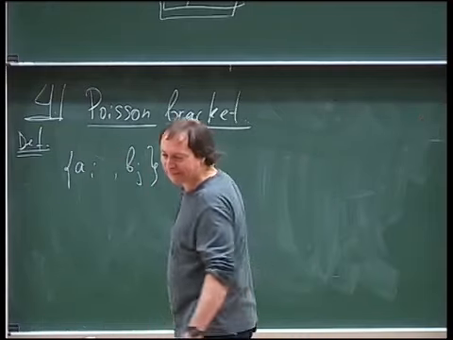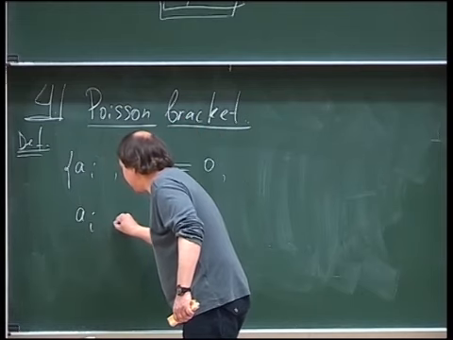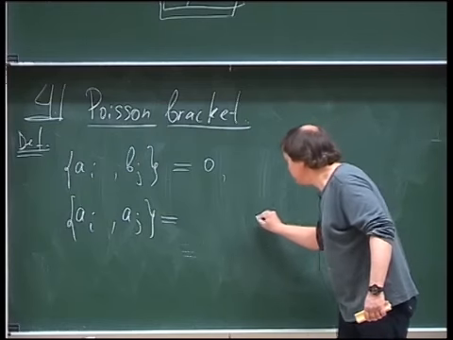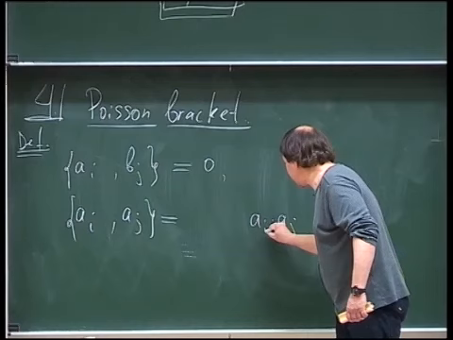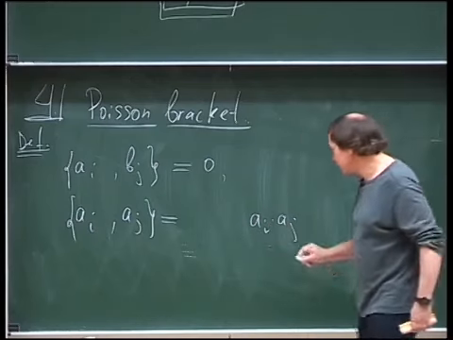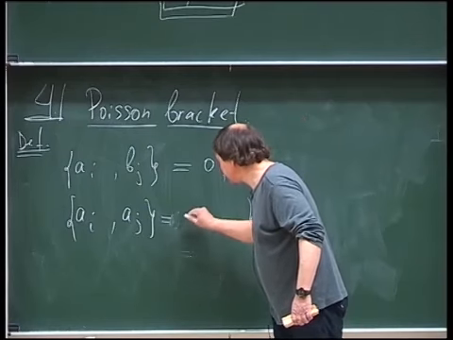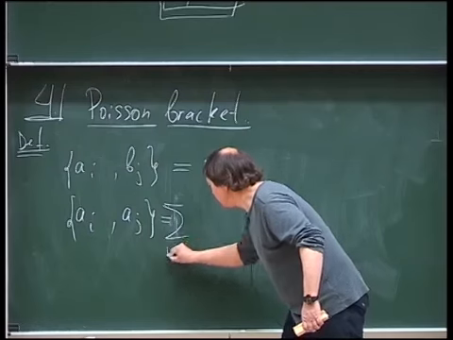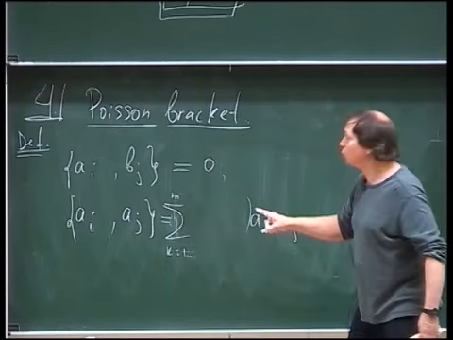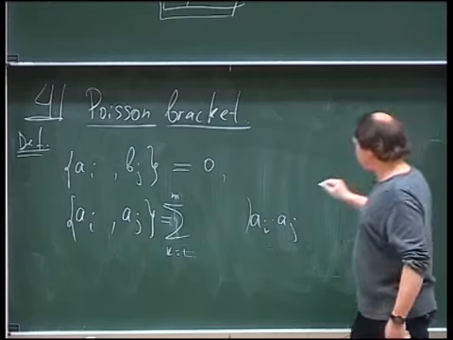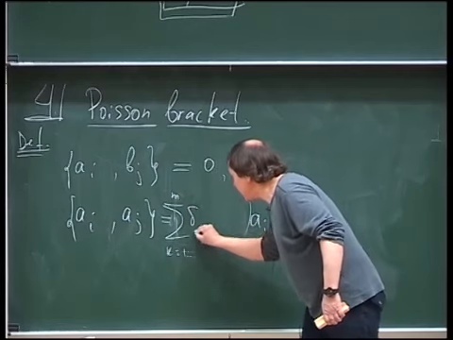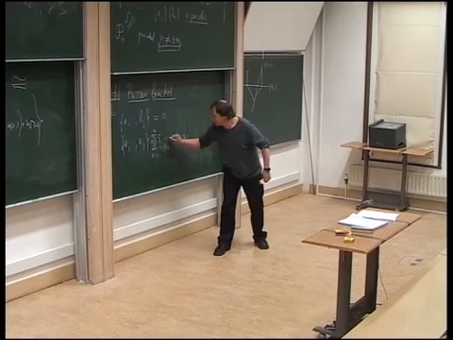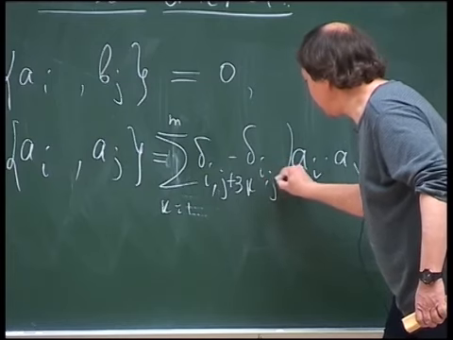Now, the bracket between a_i, a_j will be proportional to a_i a_j with some numeric coefficient, which is actually a sum from 1 to m, again the same kind of summation, delta_{i,j+3k} minus delta_{i,j-3k}.